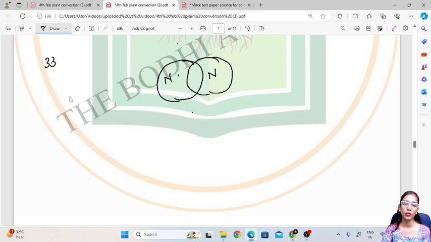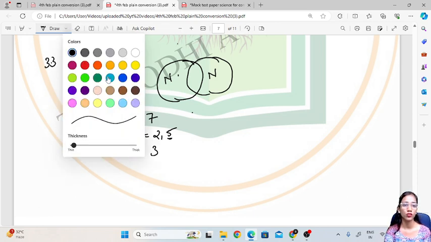What is the atomic number of nitrogen? It is 7. Electronic configuration is 2, 5. In this electron dot structure, always the last shell is represented with 5 electrons and the valency is 3. So when you represent the last shell, you have to show the 5 electrons.